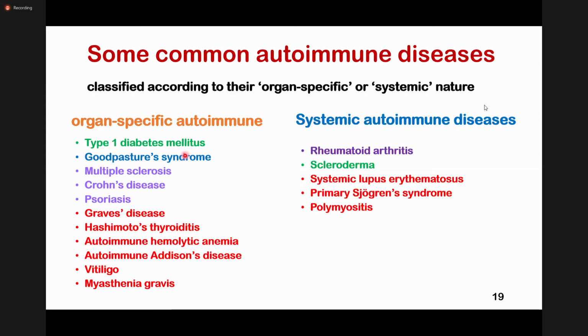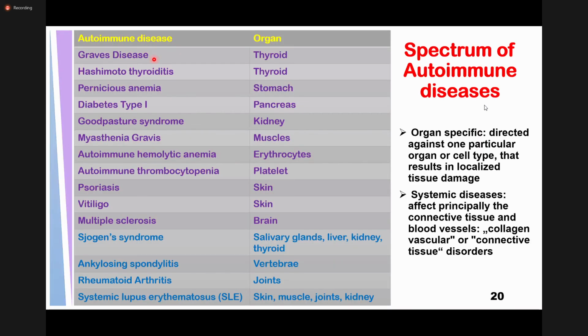This picture explains it very well. This drawing shows that as it goes below, it becomes more systemic. This blue one is SLE, systemic lupus erythematosus, one of the most systemic autoimmune diseases. Then it goes up and becomes more organ specific, like Graves' disease, which is about the thyroid.